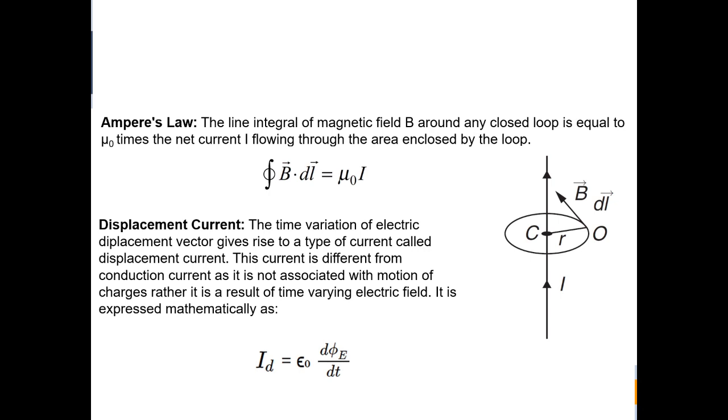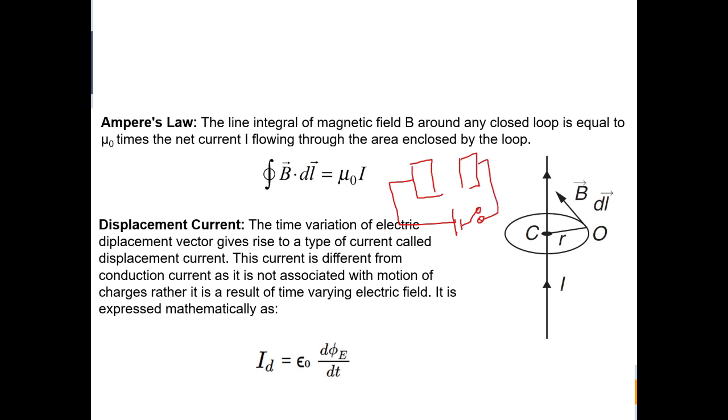So this is the statement of Ampere's law. The line integral of magnetic field around any closed loop is equal to mu naught times the net current flowing through the area enclosed by the loop. Now, if you apply Ampere's law to a capacitor, there is a kind of paradox. So here we have the capacitor, and I try to charge it using some kind of battery, and I have a key here.